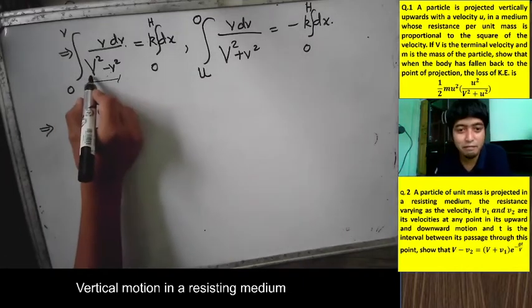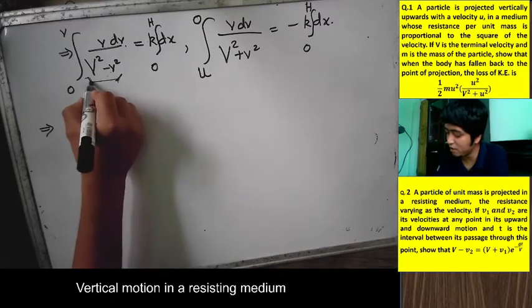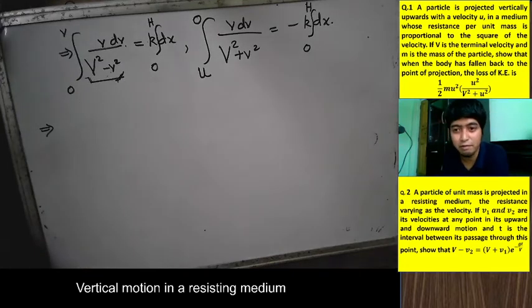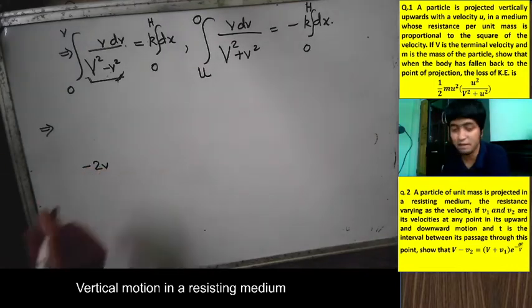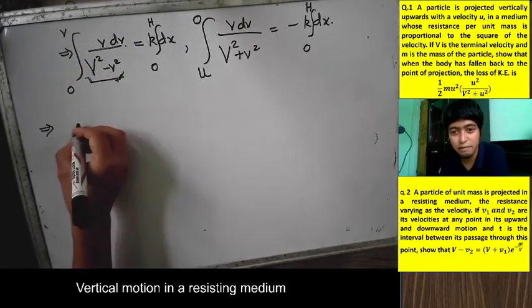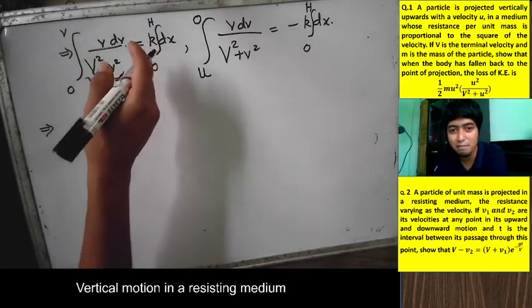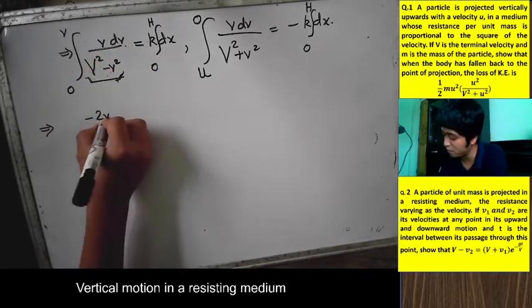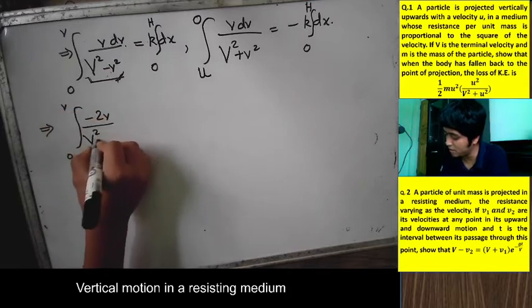Over here, capital V is a constant because it is terminal velocity. If you differentiate this one with respect to v, of course, you will get -2v. So we will try to get -2v in the numerator. We can do that by multiplying both sides by -2.